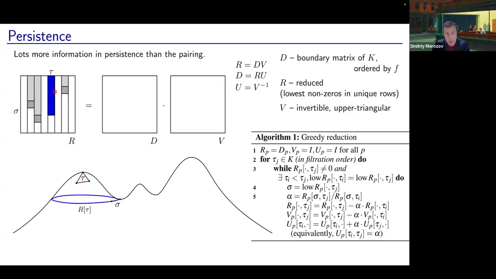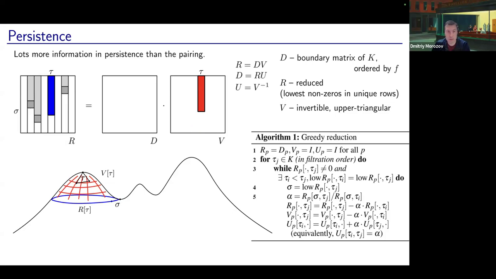In fact, the column R of tau stores exactly this blue cycle that is created by sigma and destroyed by tau. And furthermore, the column V of tau stores exactly this red cap, the mountain itself, which is the cap that contains tau and whose boundary is this blue cycle created by sigma. So there's a lot of geometric information contained in these matrices, and there are applications that rely on it, so it's sometimes useful to compute not just R but also V.